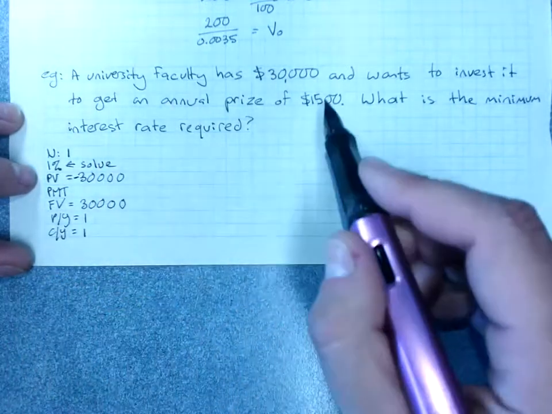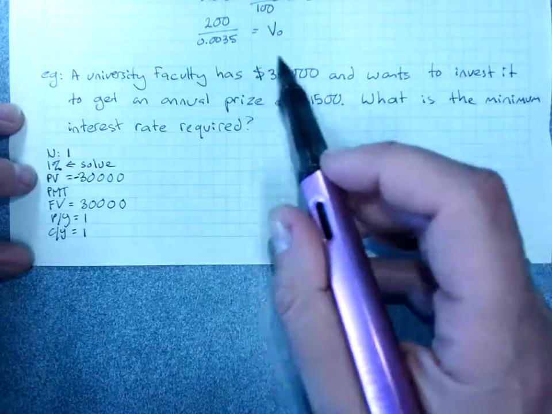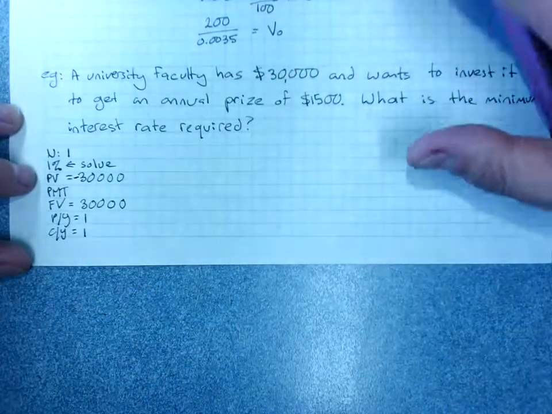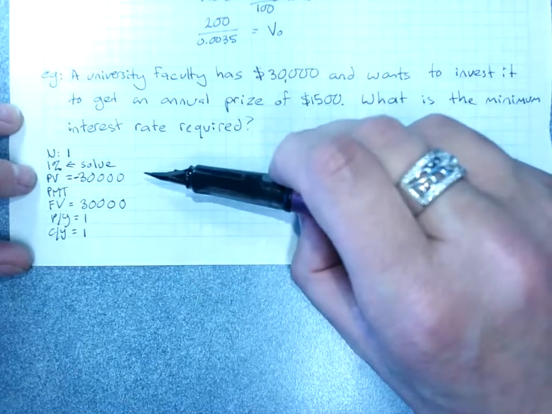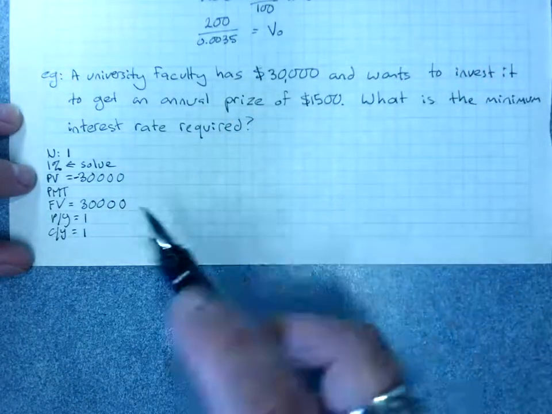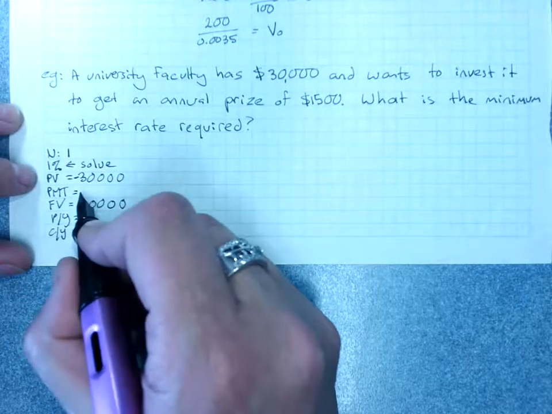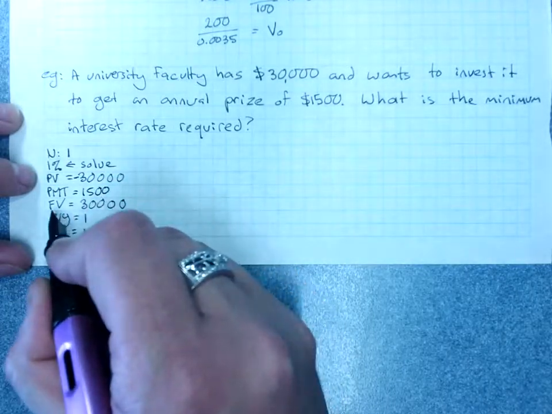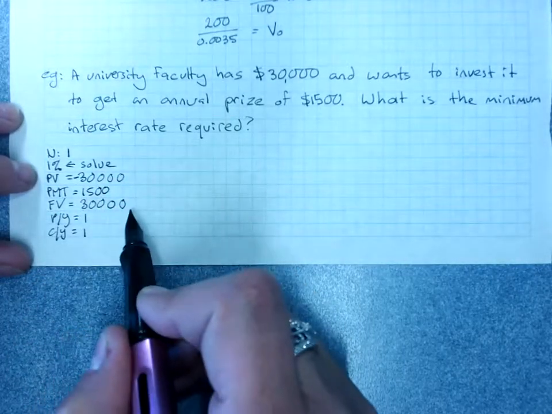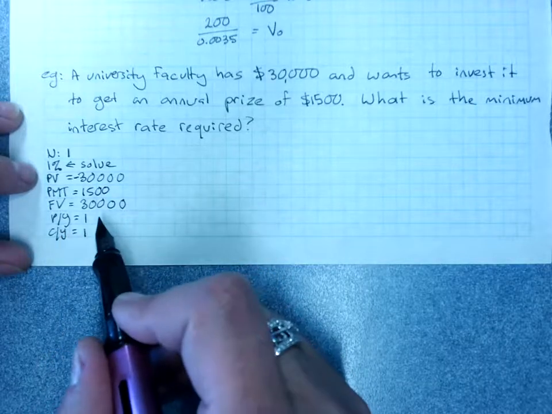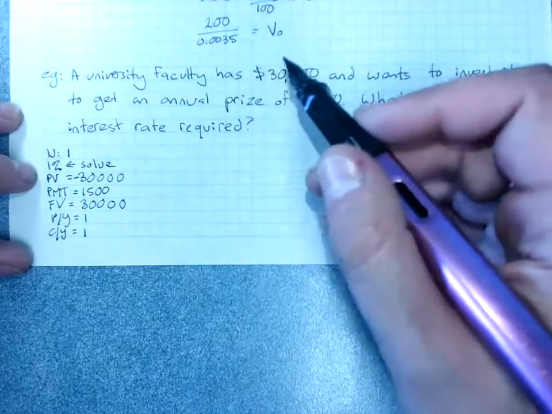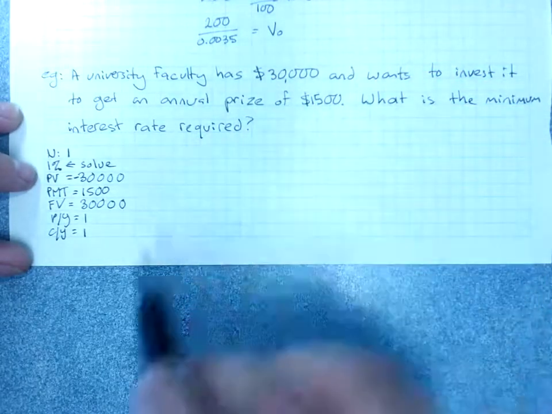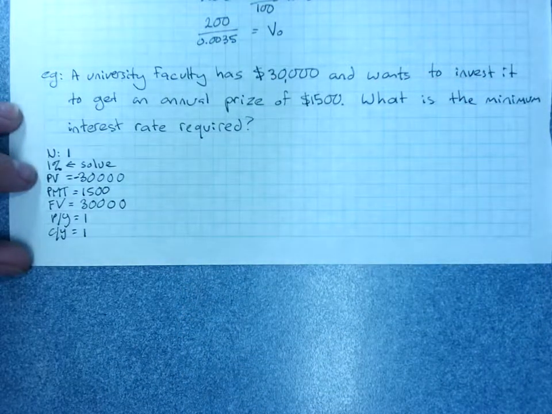And of course, the university faculty has the money. They're handing it to the bank. So that will be negative. And my payment that they get will be positive. And of course the future value will be positive, because at the end of the perpetuity they can get that back. So nice, that's money coming to me. I like that, it's warm and fuzzy. So be careful with your negatives is the only thing.